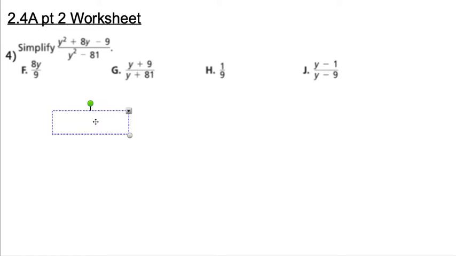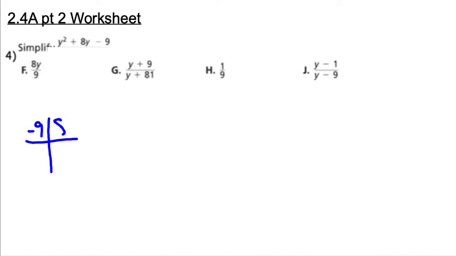But anyway, what I like to do is, that's why I made this little box here. I like to cover up part of the problem and then see what I'm left with. So if I just look at y squared plus 8y minus 9, this is something that we did with our tables. I looked for two numbers that multiply to give me -9 and add to give me 8.